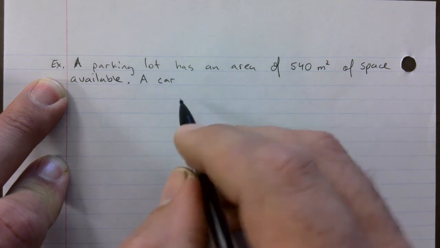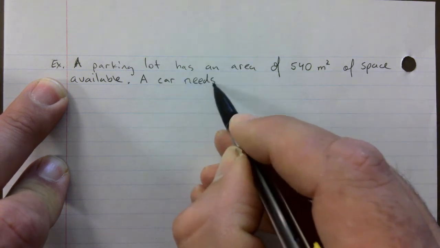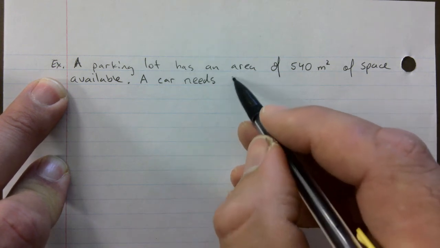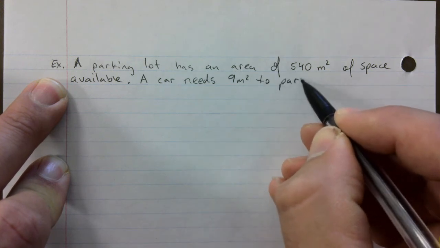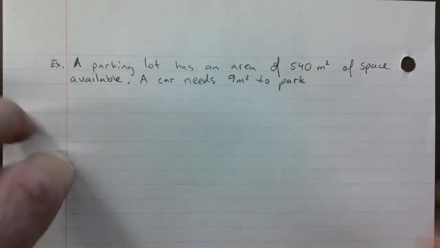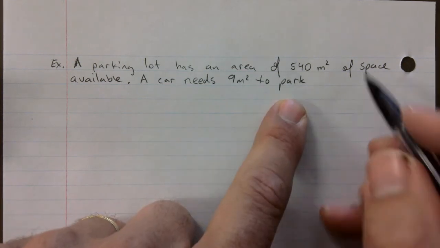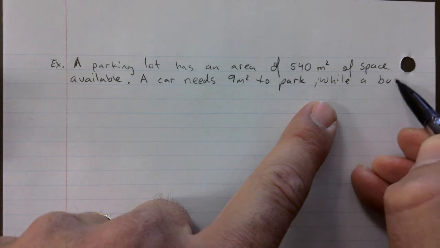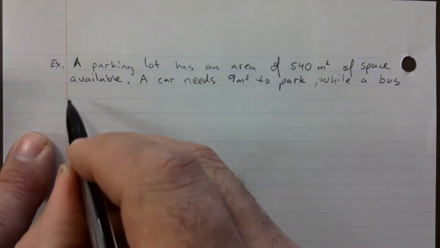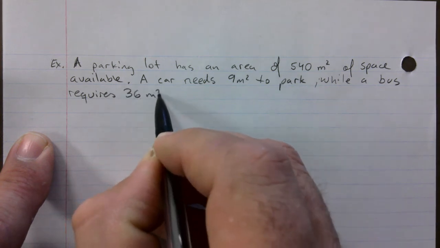A car needs 9 square meters to park safely, because you got to think, you got to come in, right? Have a little bit of space between the cars. So 9 square meters to park, while a bus requires 36 square meters.